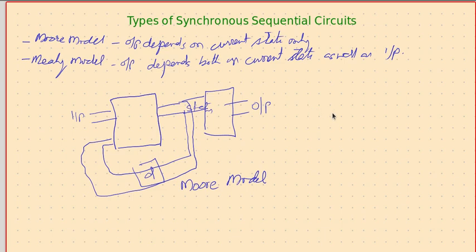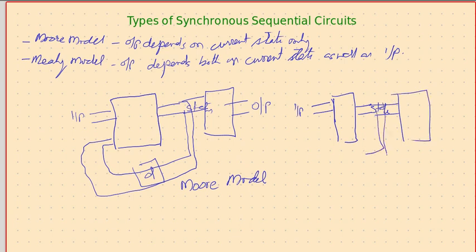Whereas in Mealy model, so there are inputs and there is state. These states are fed back through a delay, and then to generate the output, the Moore model depends only on the states, whereas this depends on input also.